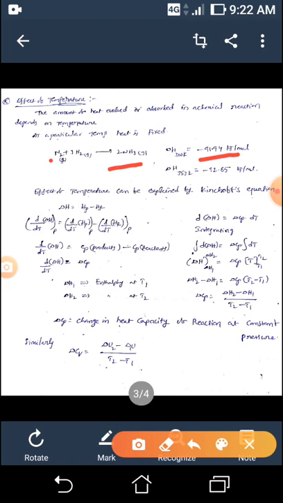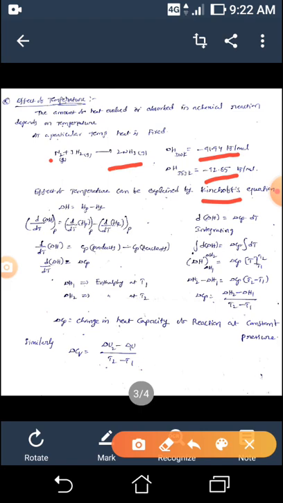At 353 Kelvin, when the temperature is increased, the amount of energy also changes to minus 92.85 kilojoule per mole. That means if temperature changes, the enthalpy of a reaction also changes.